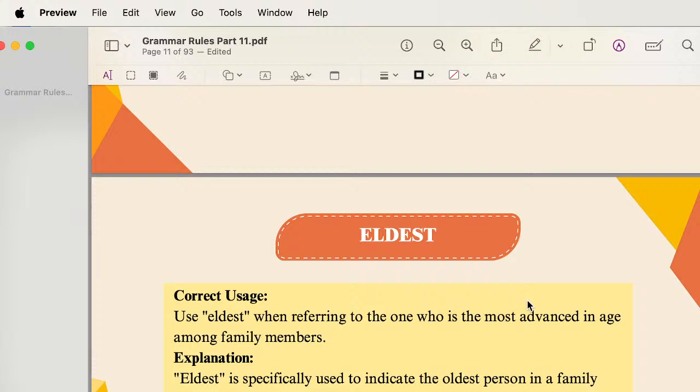So, oldest could be used for anyone in the group who is most advanced in age. But eldest is specifically used for someone who is a part of the family. So if someone is oldest in your family, you can call that member of the family the eldest member of the family.